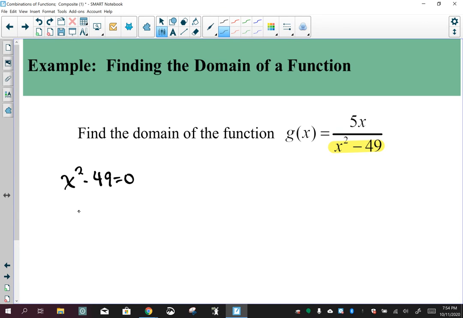So I'm going to go through the process. x squared is equal to 49. I'm going to square root both sides, so my x is equal to plus or minus 7.